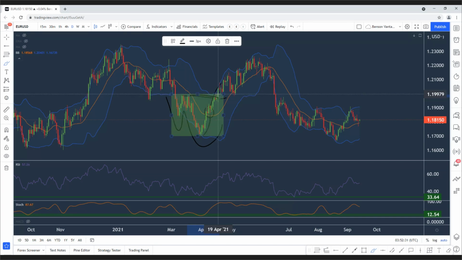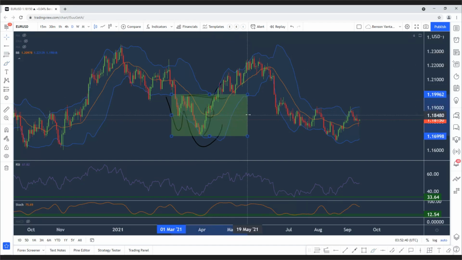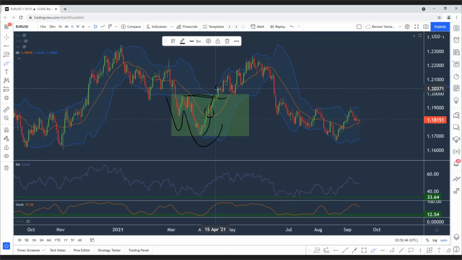You can see over here what happened. Let me extend this box. After hitting this upper Bollinger Band, the price continued its bullish momentum near the highs of the upper band.